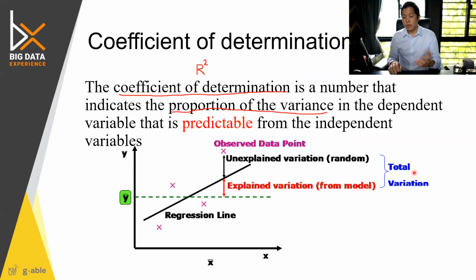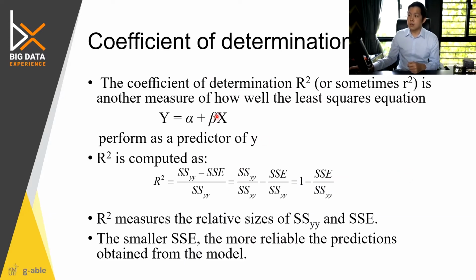So we take the explained variation and divide it by the total variation and get the value of R squared. In terms of equations, we have y in linear form, and R squared would be the sum square yy, which is the variation of y, minus the sum square error, divided by the sum square yy.